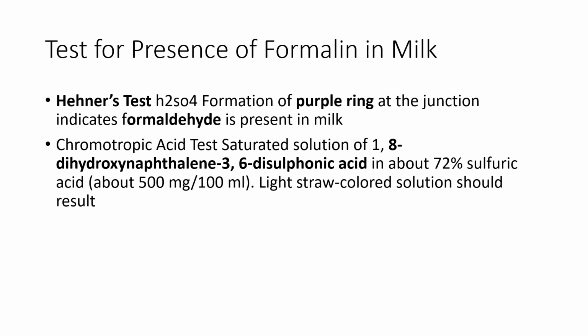And the commonly used preservative is formalin. Sometimes they even add formalin to milk. The test used to detect the presence of formalin in milk is Hehner's test. Just remember the name of the test, it is very important. We have already discussed the Selivanoff test and the modified Selivanoff test. Try to recall them. In this Hehner's test, the reagent we use is sulfuric acid.